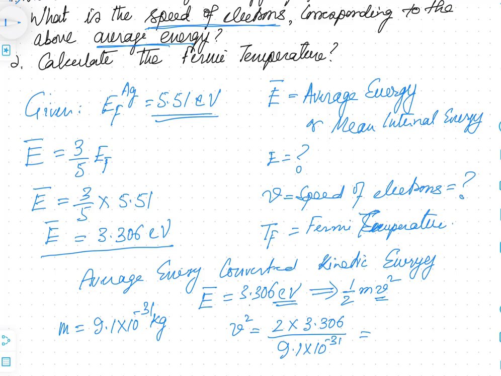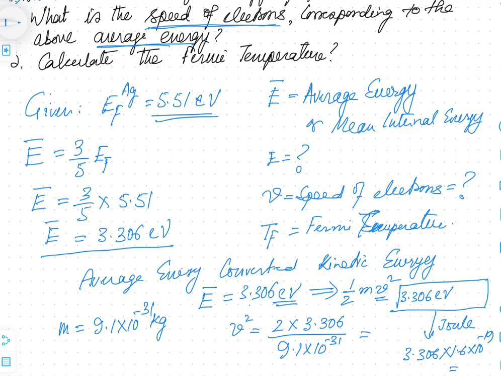This is a special line: 3.306 electron volt to joule, you have to multiply by 3.306 into 1.6 10 raised to minus 19.